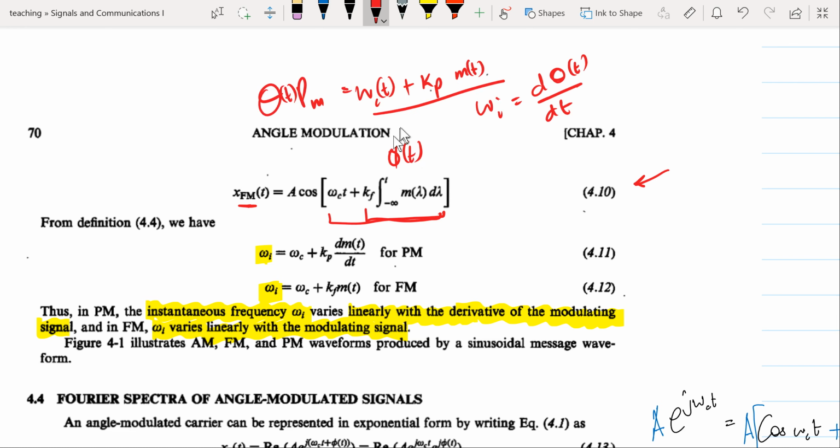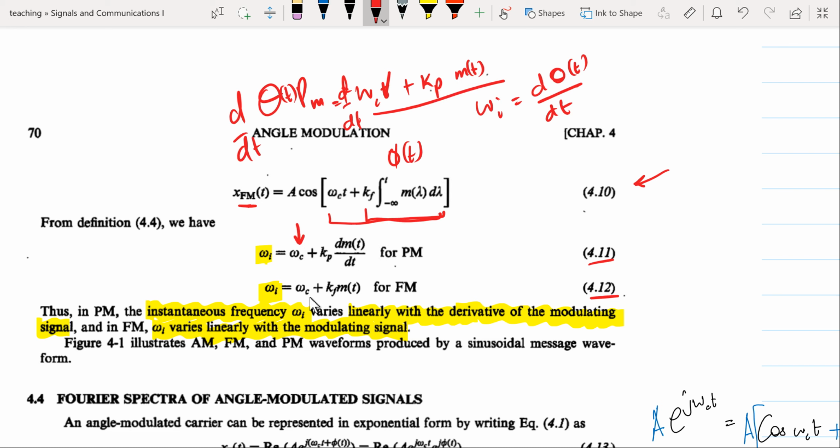Therefore, we can definitely say that if you differentiate this with respect to time, we are going to end up with equations 4.11 and 4.12. This is not supposed to be a bracket, it's supposed to be t. So when you differentiate with respect to time, this goes, and we have omega c, and this becomes the first derivative of m of t with respect to time, and we have that.